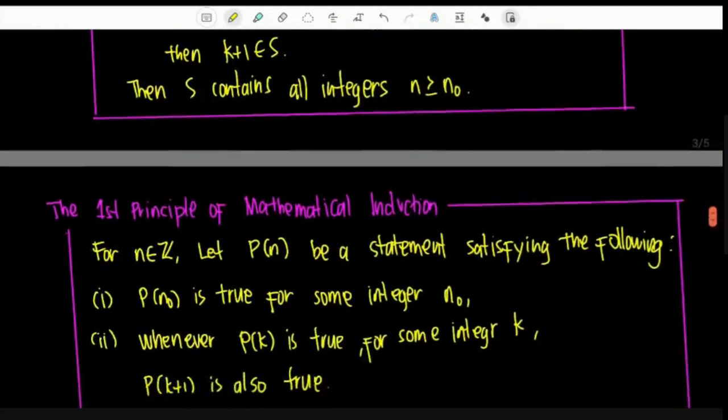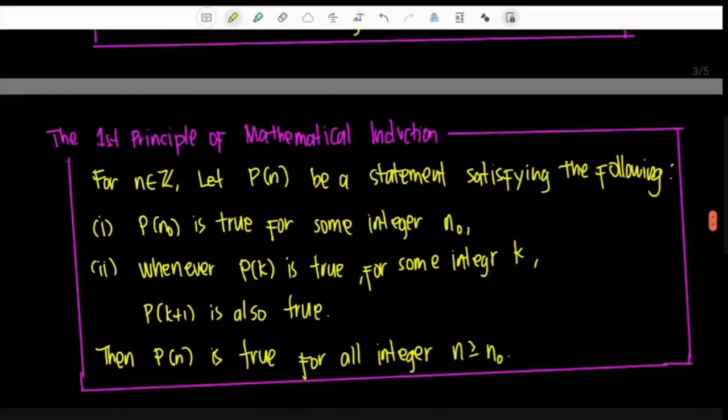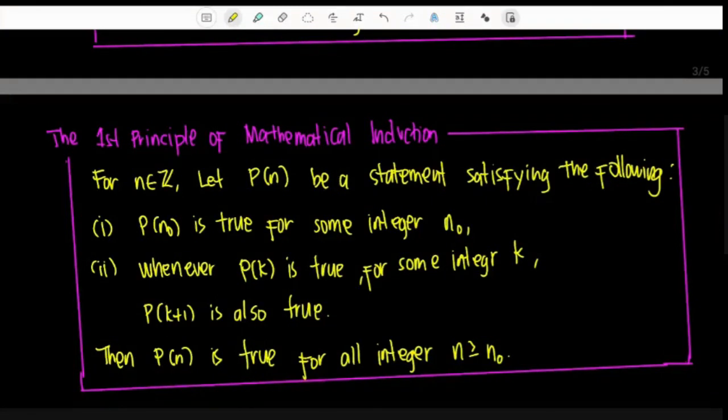In general, we have the first principle of mathematical induction. Now for an integer n, let's say that P of n is a statement or a proposition about n. So it's a statement that is dependent on the value of n. And let's say that this proposition satisfies the following.